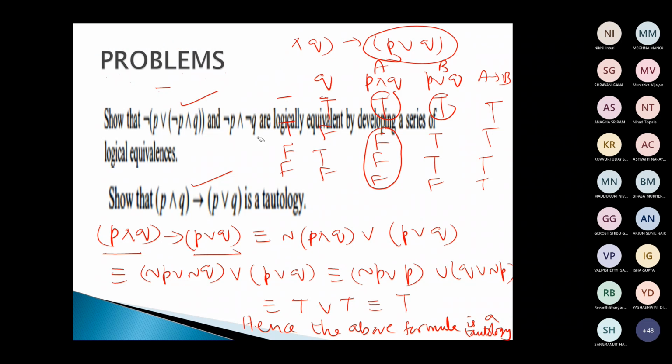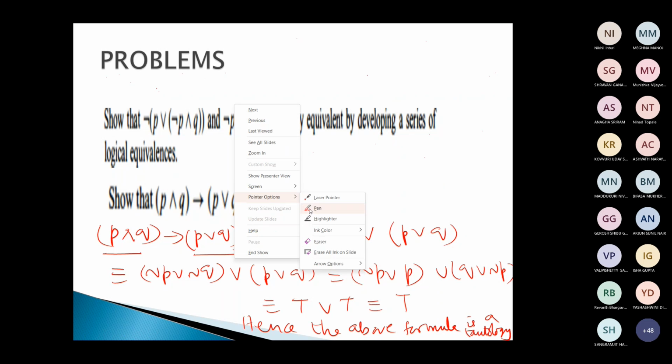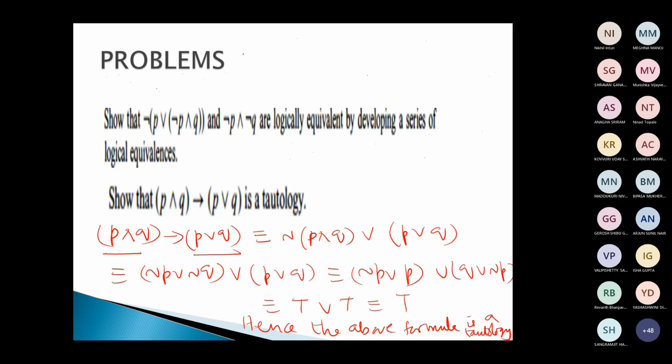What's the difference between the single arrow and the double arrow? Double arrow means both sides it is true. I'll write. You are correct, I expected this question. Single arrow means whenever this is true, this will be true.